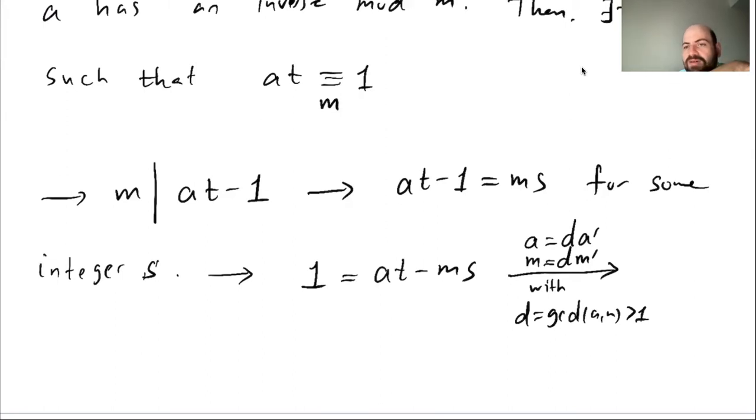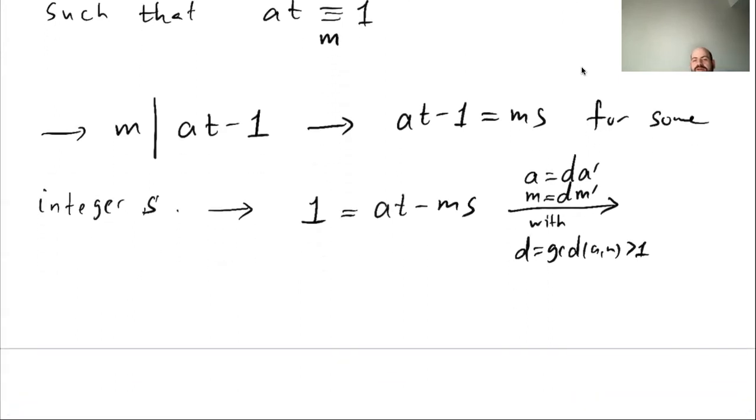It's of course the greatest common divisor, but in particular, it's a common divisor for A and M. And GCD not equal to 1 means it's bigger than 1. So that means D is bigger than 1. This is what I can conclude from my assumption.